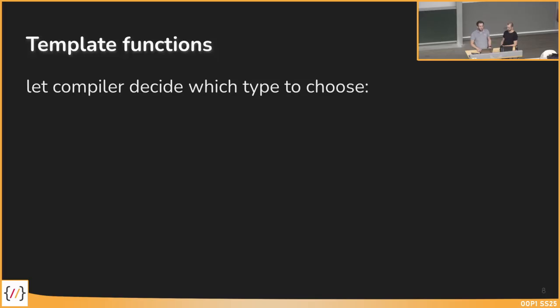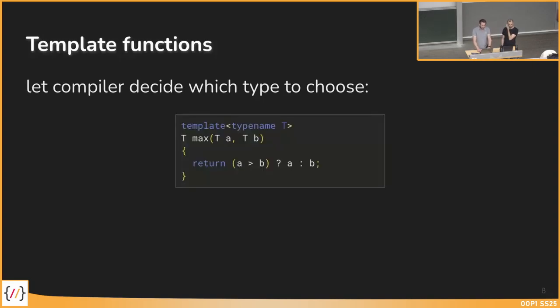So we design a template, in our example the maximum calculation. And this template then should work for an arbitrary type of data. So in this case, we just replace all our integer or float declarations with an arbitrary data type, in this case with the T for template.